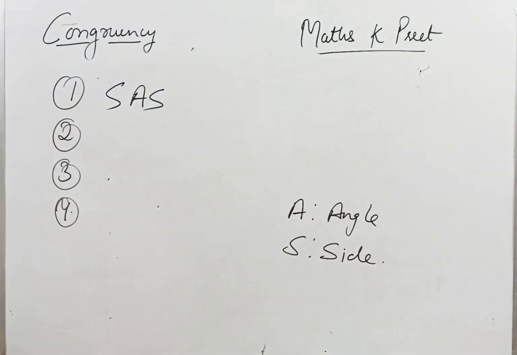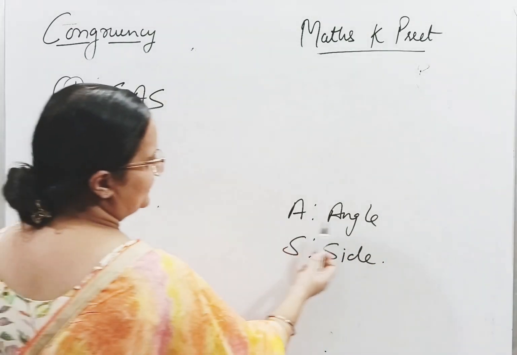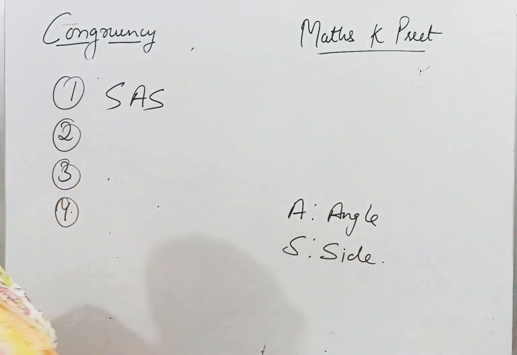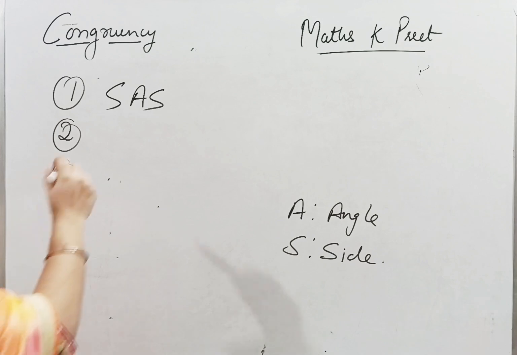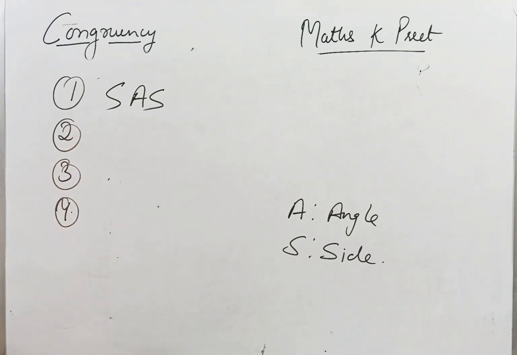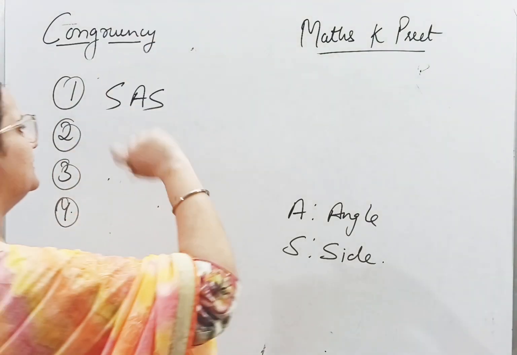So there are certain criterions to check the congruency of two triangles. Here A stands for angle, S stands for side. So the first criterion to check the congruency of two triangles is side, angle, side. Triangles are congruent if two sides and the included angle of the first triangle are equal to the two sides and the included angle of the second triangle.